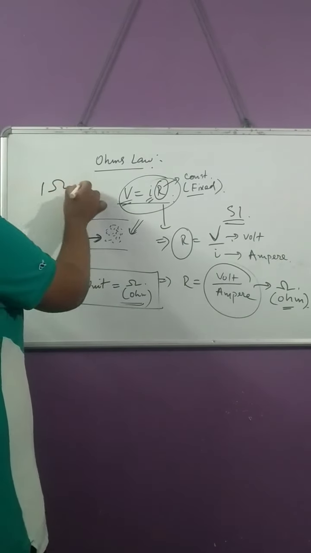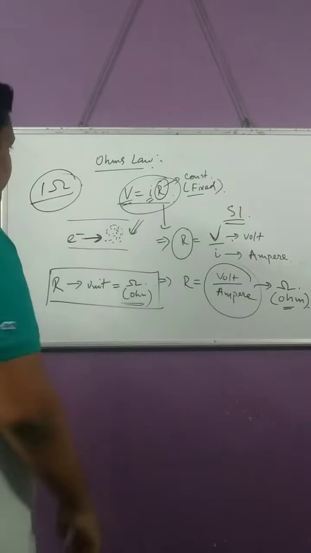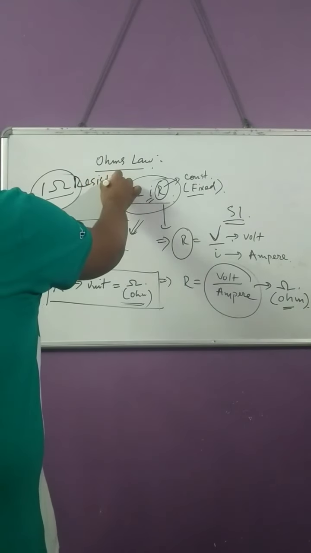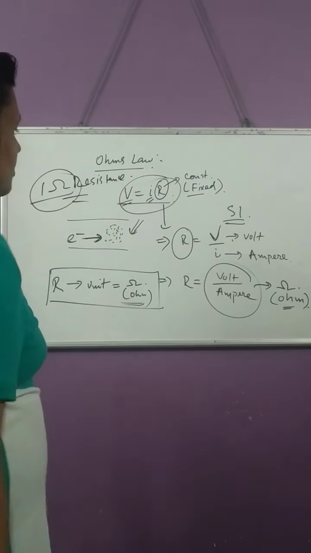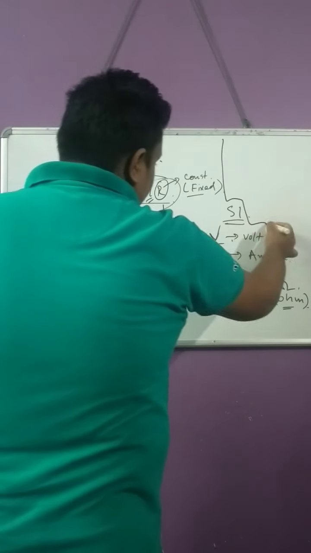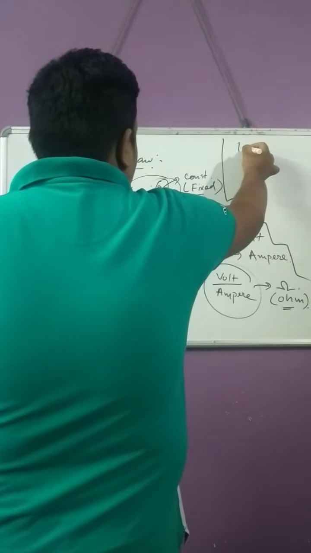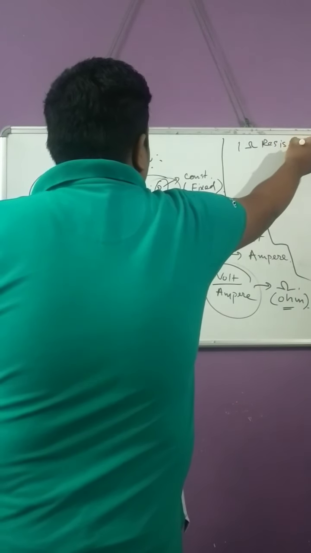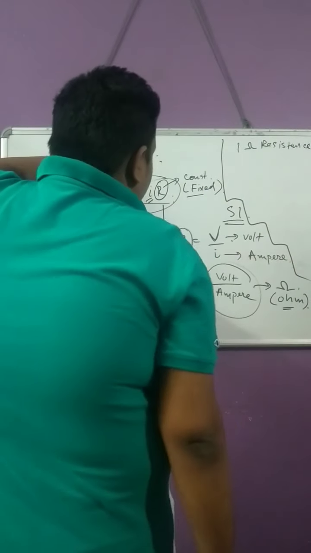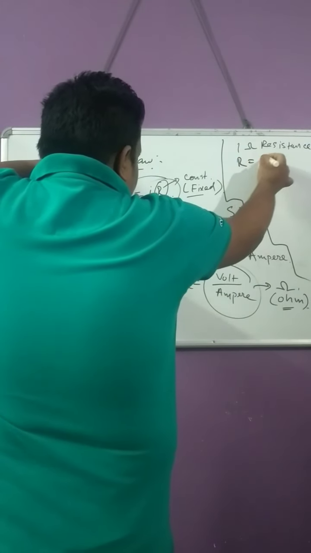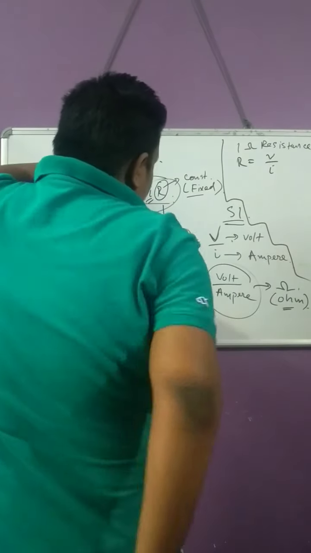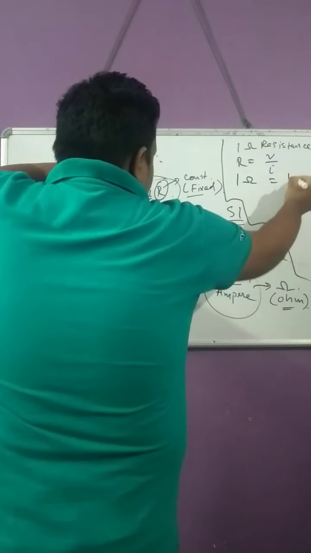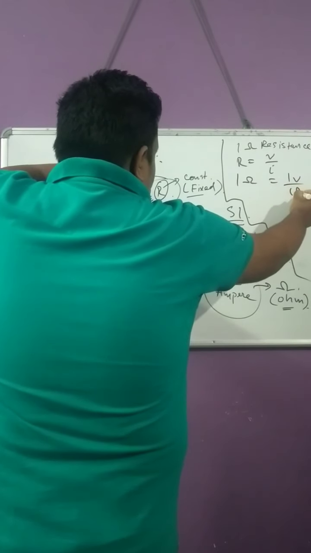Now let us come to the next point. What is 1 ohm? The question is often asked, what is 1 ohm resistance? How will we find it? We will go from our basic definition. R is V by I. For 1 ohm, we will take 1 volt by 1 ampere.